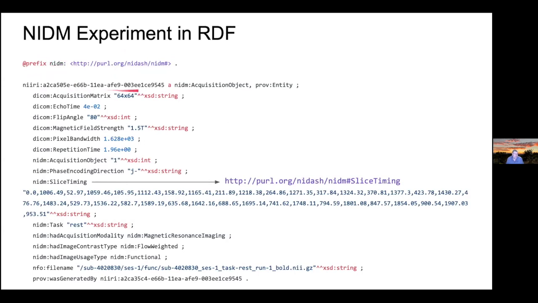And then here you have an acquisition object, right? And so here we can see that there are a number of attributes: the acquisition matrix, the echo time, the flip angle, the field strength. And again, here, the IDM, for example, the slice timing, this is what gets expanded to the full URI, it has all that information.